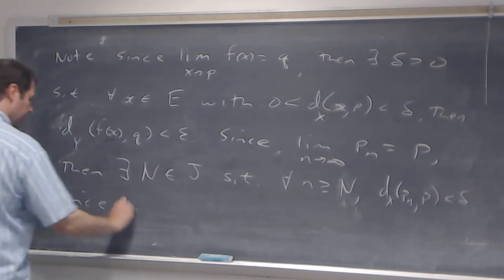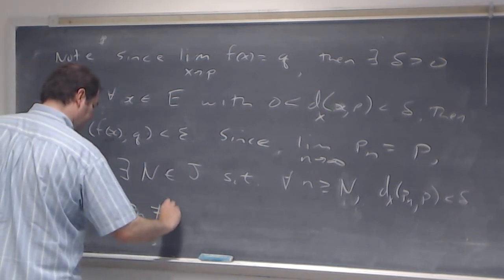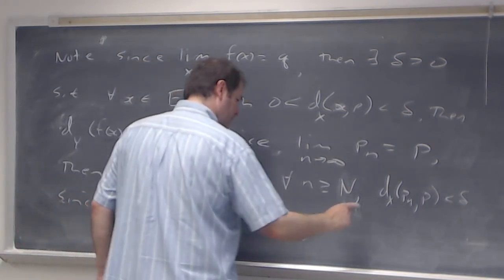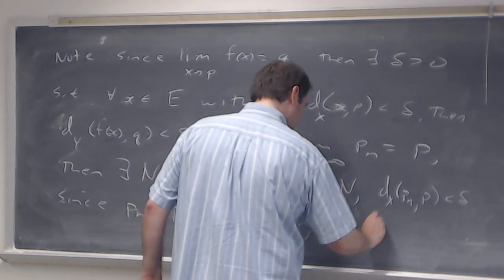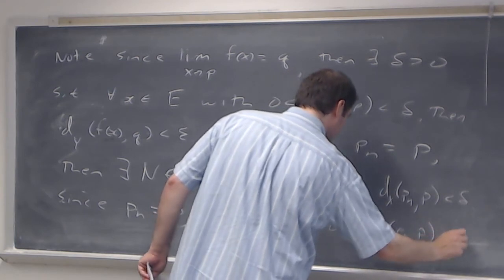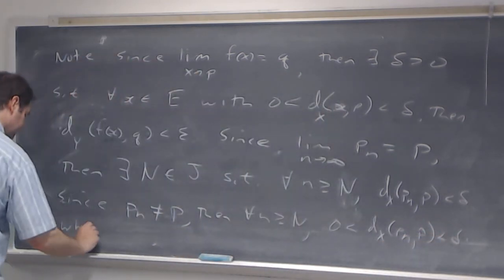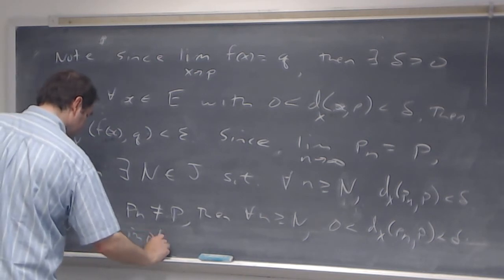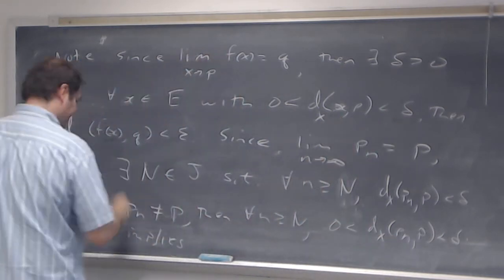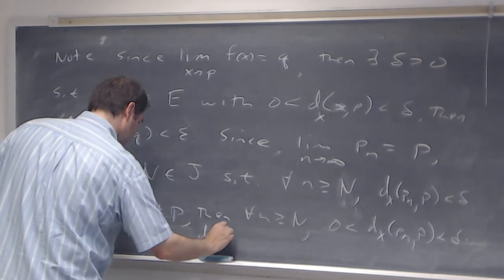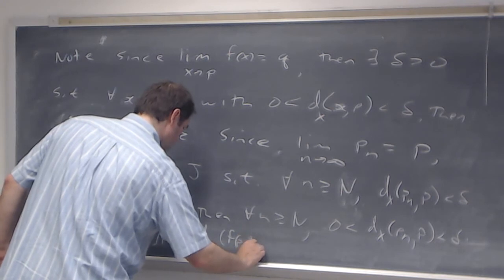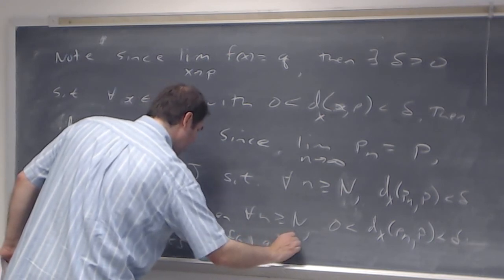Since p sub n is always different than p, then for all n bigger than or equal to N, 0 is less than the distance between p sub n and p, which is less than delta, which implies, okay, since this input value is within delta units of p, that the output values, their distance from q will be less than epsilon.